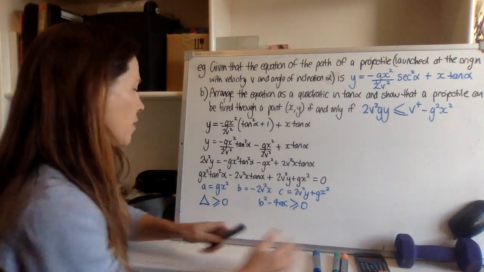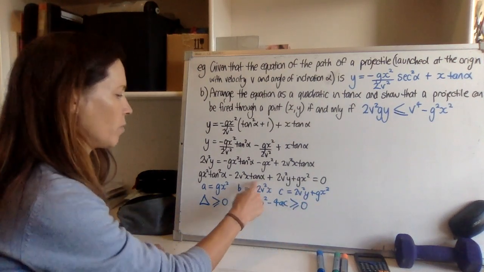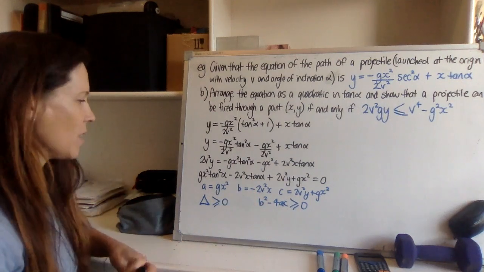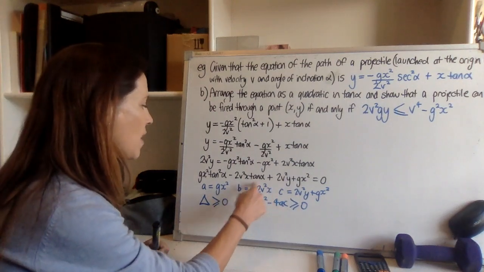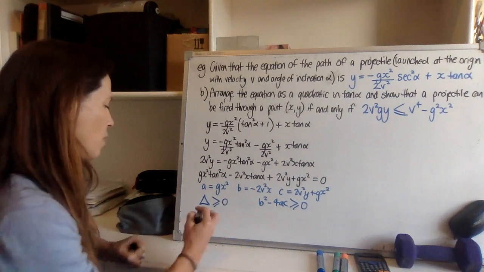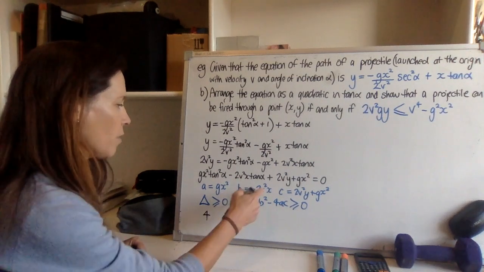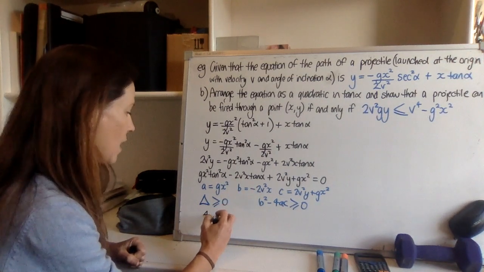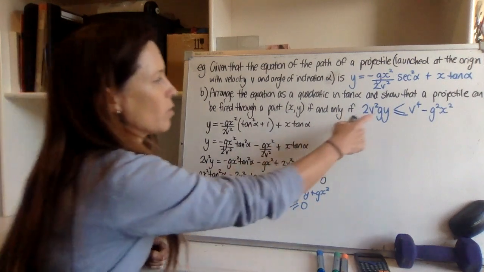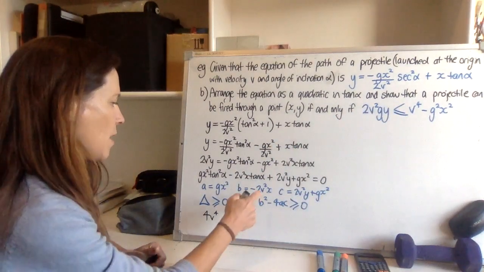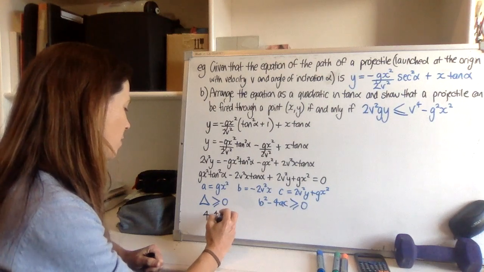So our next line of working would be to say, all right, it's quite handy having written out what b is. If we square that, negative 2 squared will be 4. The v squared will be v to the 4. That's looking good because that's in our formula. And then we'll need to square the x as well.